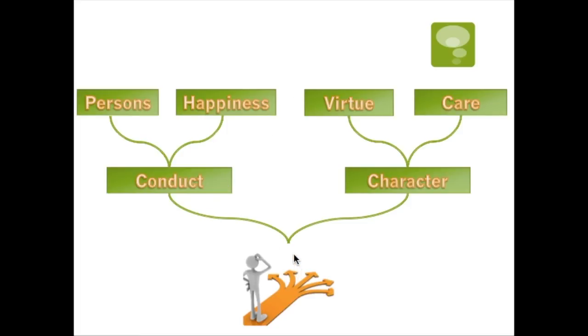Now let's go back. If it is not the exact action that you want to figure out, but instead your focus is on character, that is, the type of person you want to be, then again you have two options. If your focus is on how you can cultivate various virtues to lead a flourishing life, then you'll look into virtue ethics.